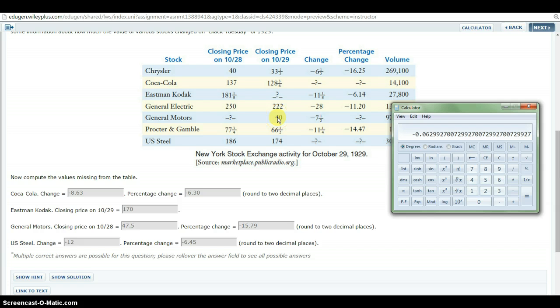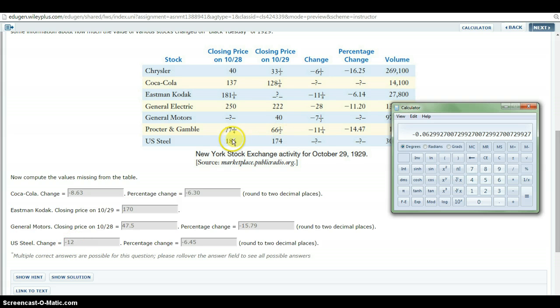We know it closed on October 29th at 40, so it had to start off at 47.5 in order to meet those requirements. And then the percentage change, again, we just take the change divided by that 47.5 that we found here.